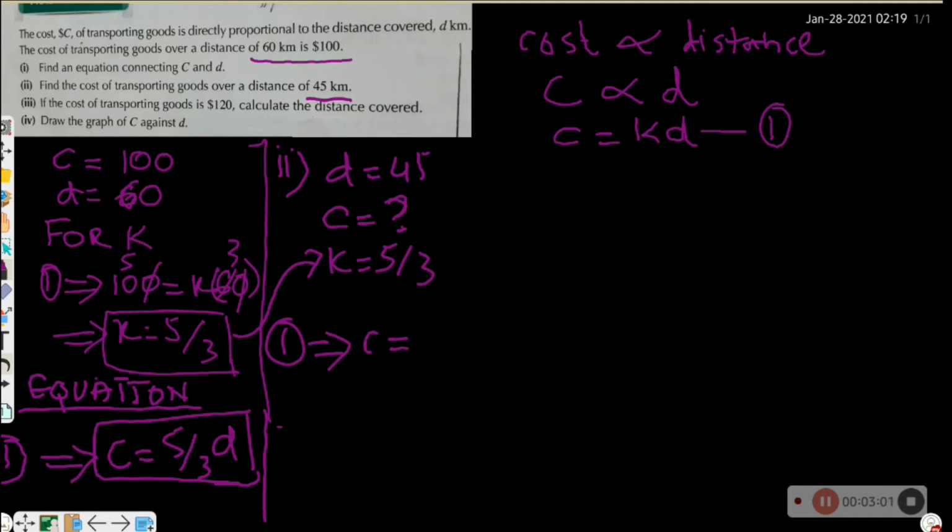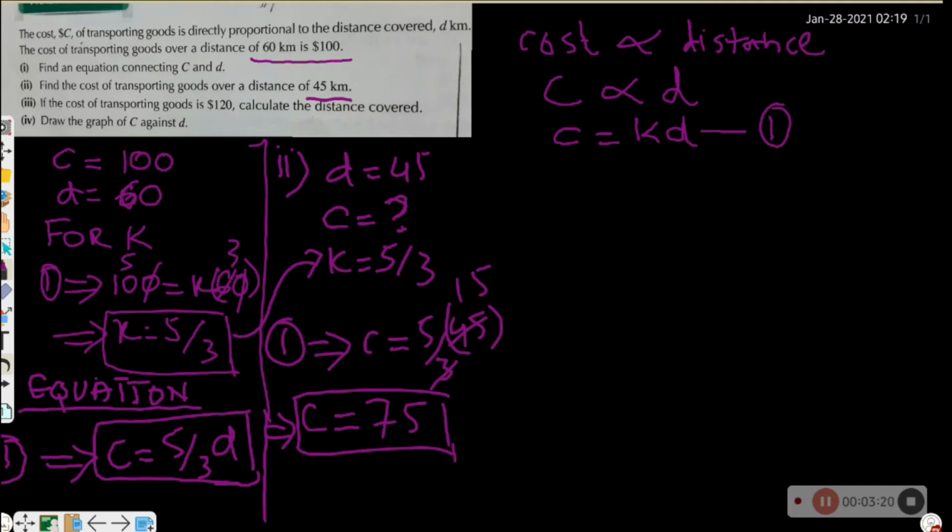C is equal to 5 upon 3 into 45, 3 15, C is equal to 75. And this is what we got.